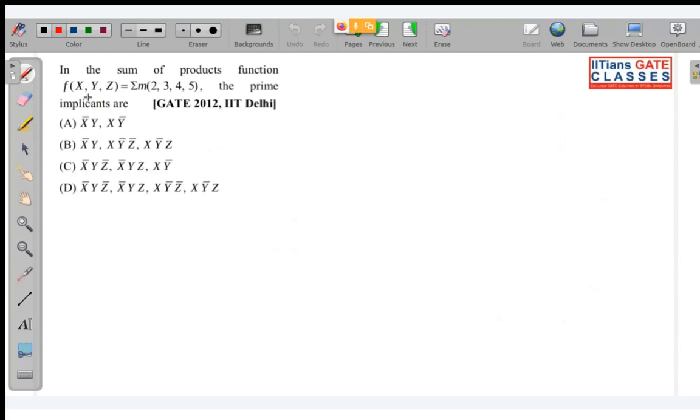So here they have asked for prime implicants, and that too in minterm form.